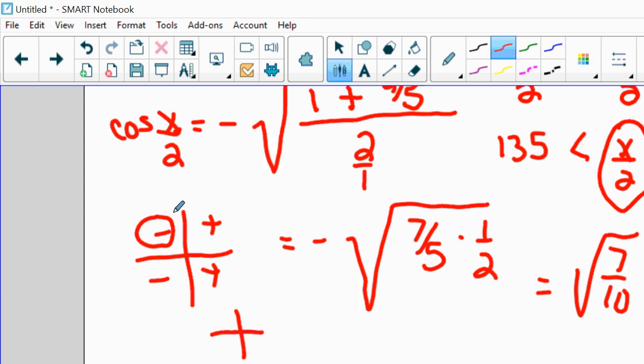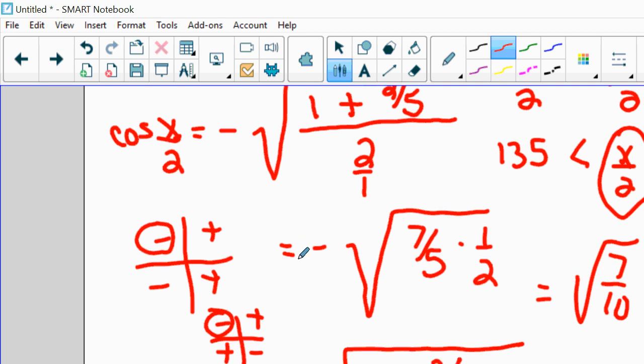Tangent goes plus, so it's going to be negative because x over 2 is in a second, and you could go with the 1 plus 2/5, 1 minus 2/5 formula, which is the square root of 7/5 over 3/5, so 5/3, which is the square root of 7 over the square root of 3, square root of 3, square root of 21 over 3.